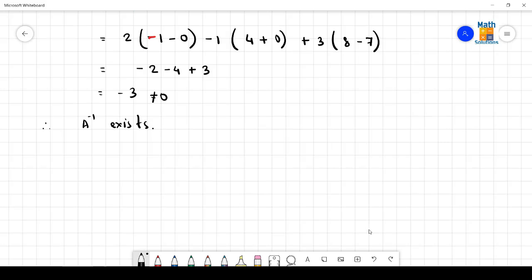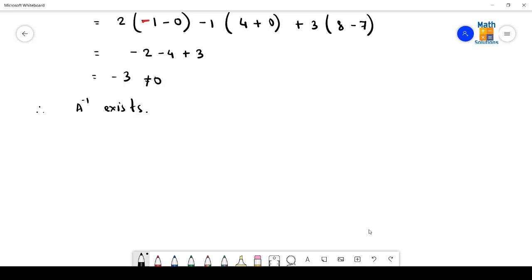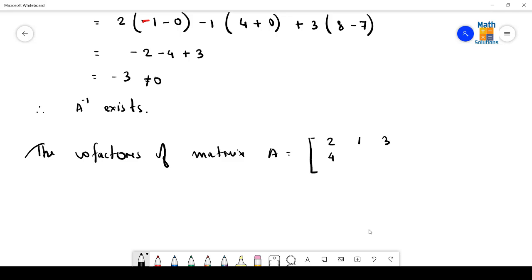Now we shall come to the cofactors of matrix capital A, which equals, let us write down the given matrix here once, 2, 1, 3, then 4, minus 1, 0, then minus 7, 2, 1.